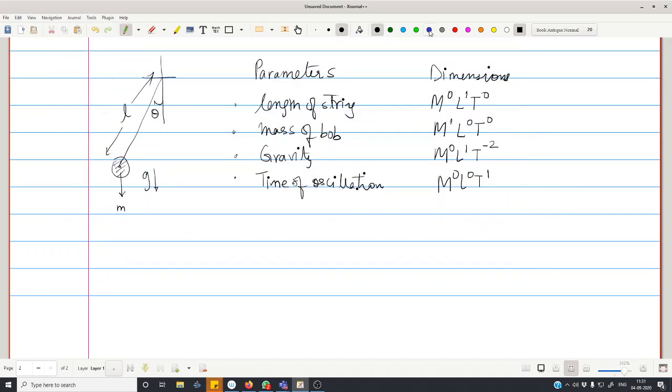Now our assertion is we should be independent of the dimension, but right now I'm seeing a bunch of dimensions. So we must construct a term or multiple terms which should have no dimensions.